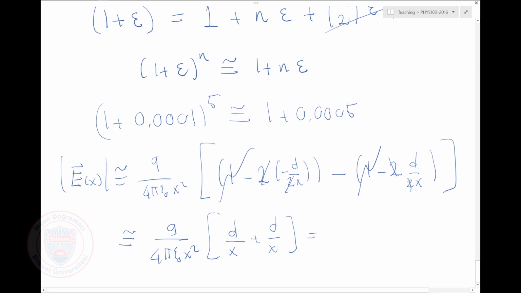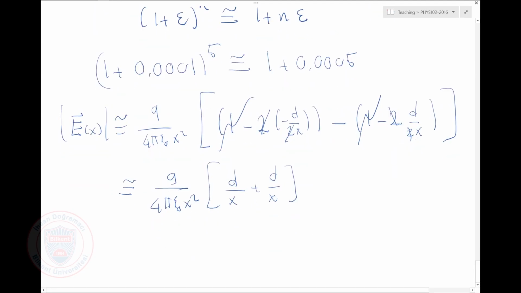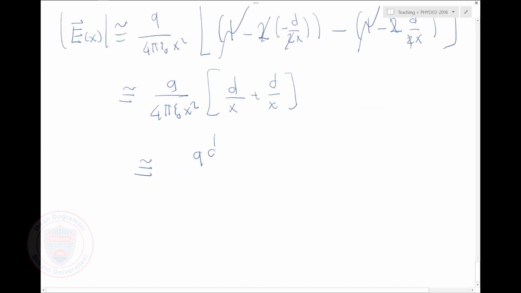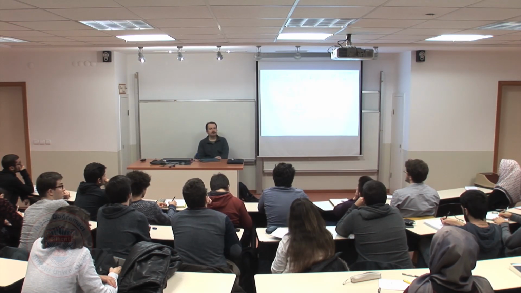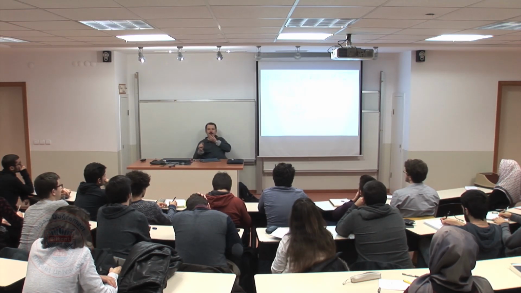which, let me write it down, is q times d divided by 1 over 2 epsilon 0 x cubed. So this is kind of interesting.